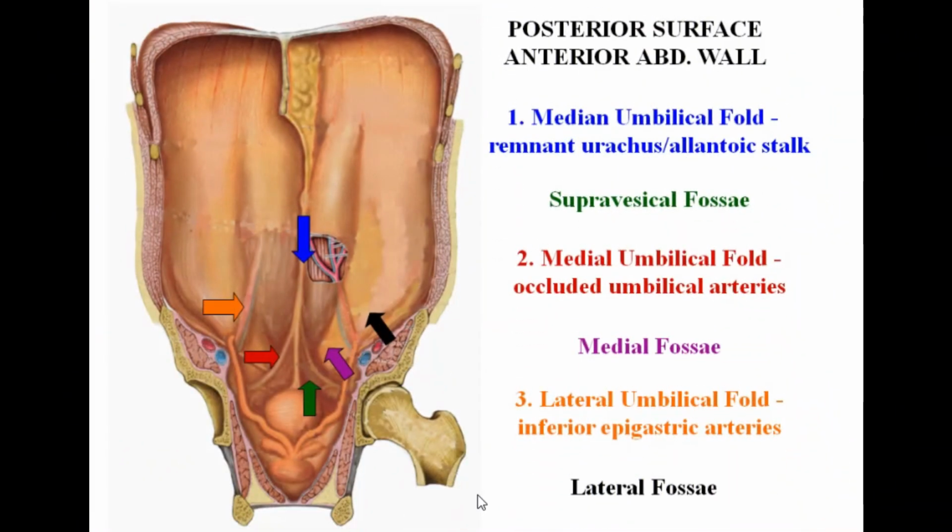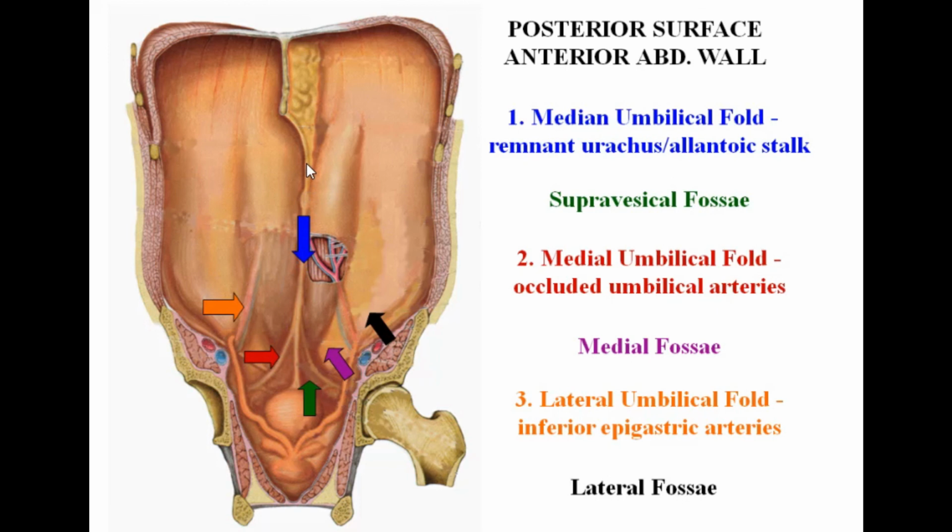So the last and final thing that we're going to discuss about the abdominal wall is the posterior surface, and these have some umbilical folds. They're remnants of different things, and they're key to remember. So let's start here. Use the color coding for the different arrows, they match. Let's start with the blue one, which is in the center.